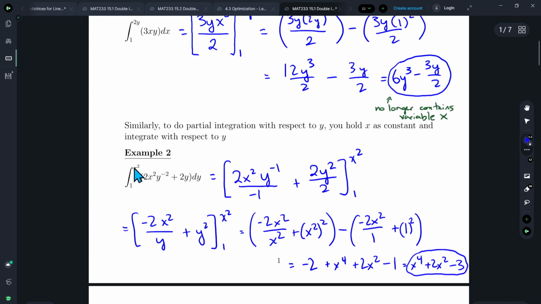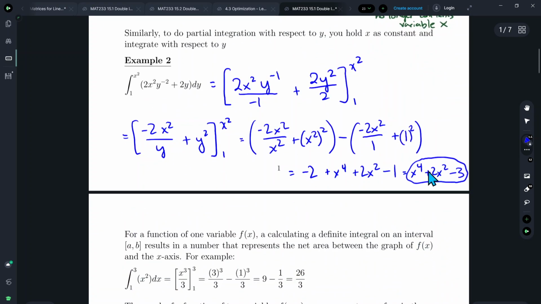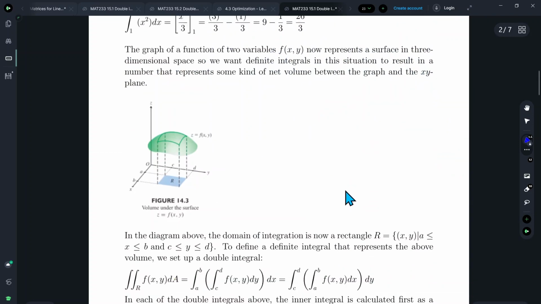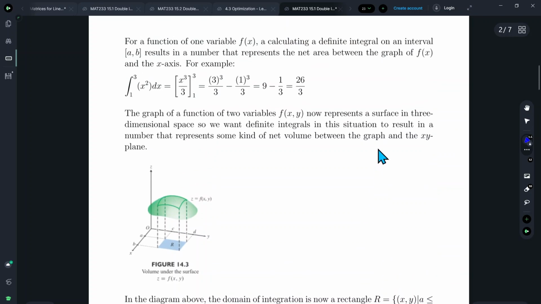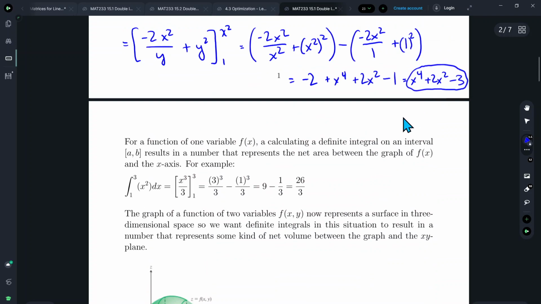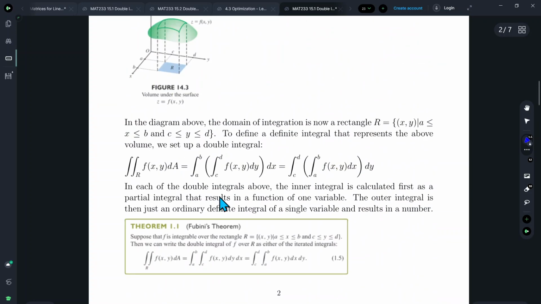When you have a partial integral with respect to y, the result could be a function that only contains x, so in this type of calculation, the partial integral on the inside you calculate first. It results in something that only contains x, and then you calculate the outer integral, which is just a normal integral with respect to x.